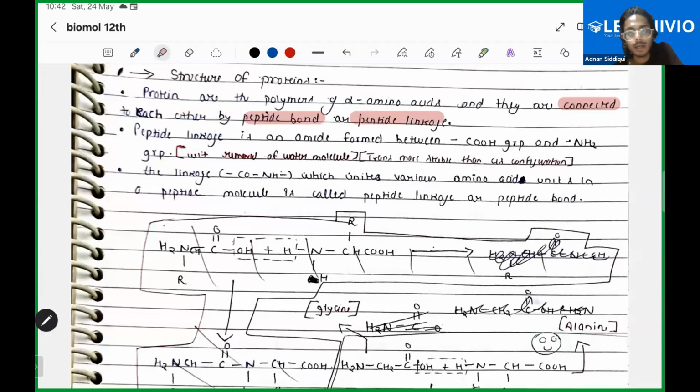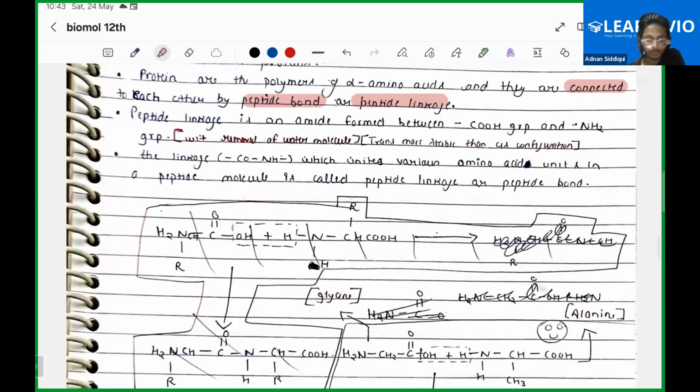In carbohydrates, we had glycosidic linkage. If we connect two monosaccharides, the linkage between them is glycosidic. If we connect amino acids, the linkage they form is the peptide linkage. Let us talk about what a peptide linkage is.